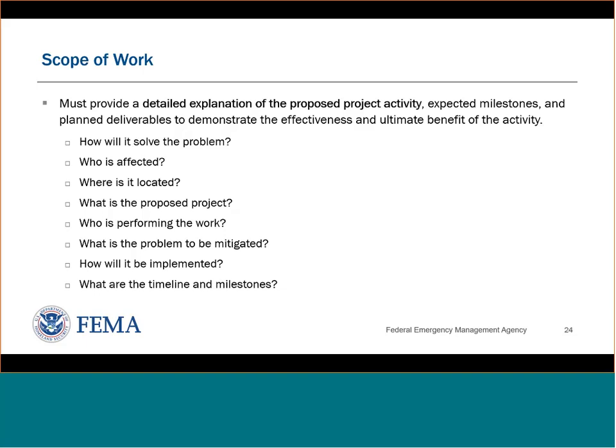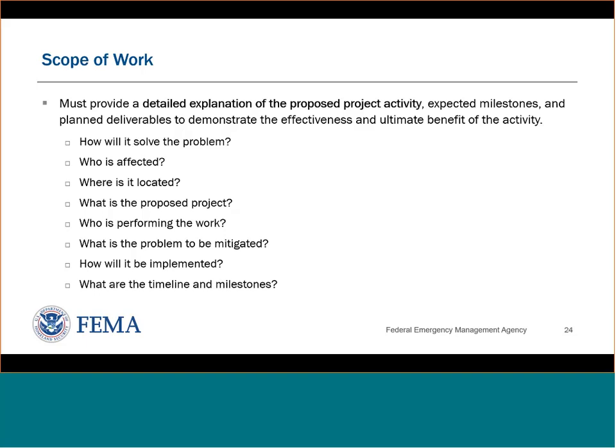So in the scope of work, you would want to identify things like what's the problem to be mitigated, what's the proposed project, how will it solve the problem, who's affected, who benefits, essentially who's affected by not having your mitigation measure in place now, and who's going to benefit from that a little bit later.